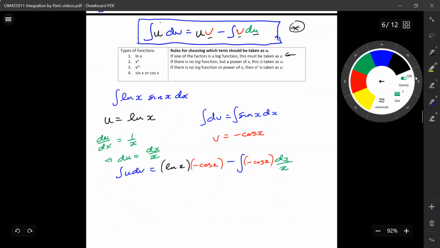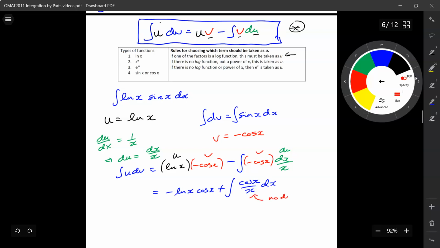So if we look at this, we have uv minus the integral of v du. So we plugged everything in there, and that gives us minus the log of x times the cosine of x minus the integral. Now we have a minus times a minus giving us a plus, and that is the integral of cosine of x divided by x times dx. This cannot be integrated.